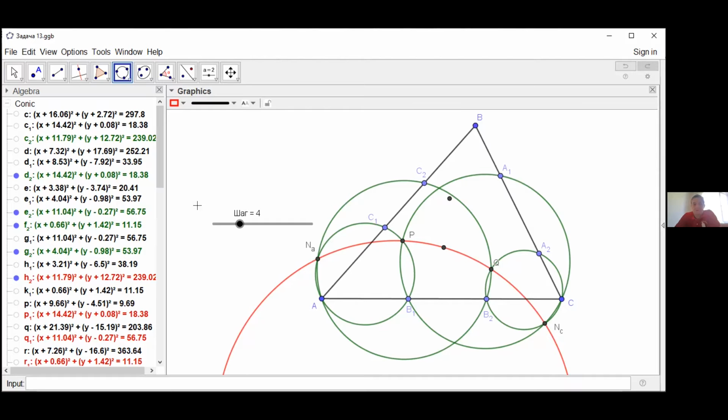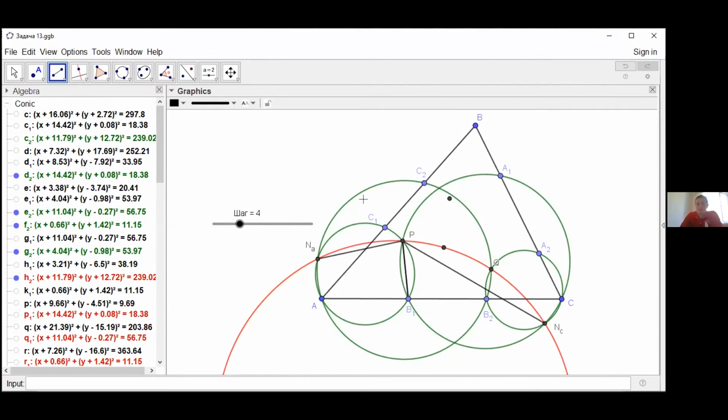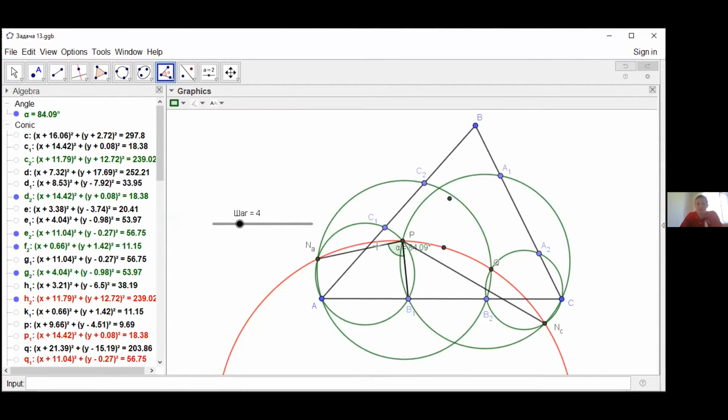By angle chasing and inscribed angles, try to calculate this angle NA P B1 plus B1 P C. Using inscribed quadrilaterals, we can just replace this angle NA P B1 with this one.